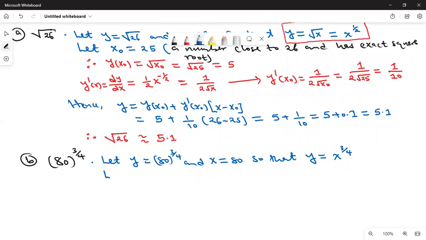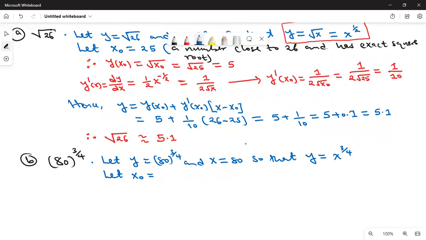Now we need to also find x naught. What do you think will be our x naught? I need a number that is close to 80 and has an exact fourth root. That number can be either less than 80 or greater than 80, as long as it has an exact fourth root.